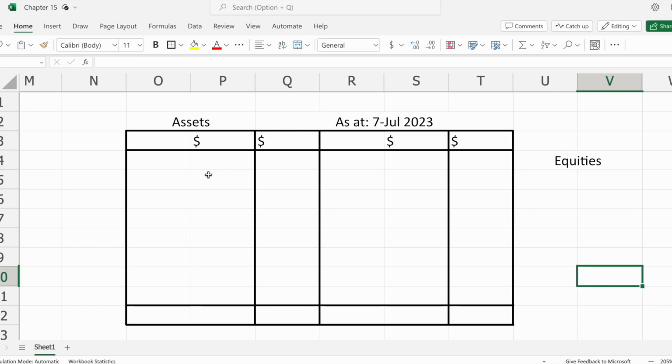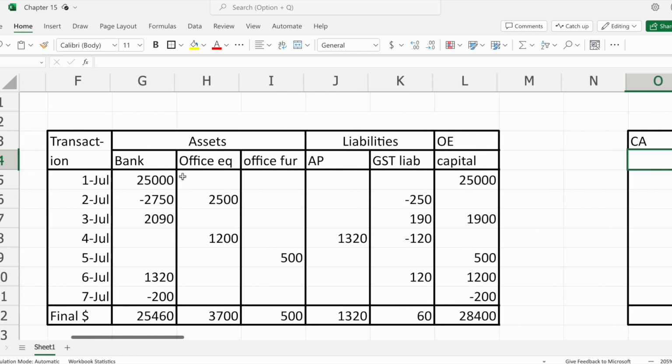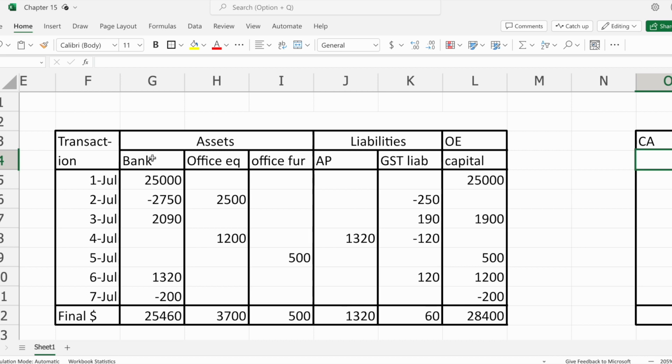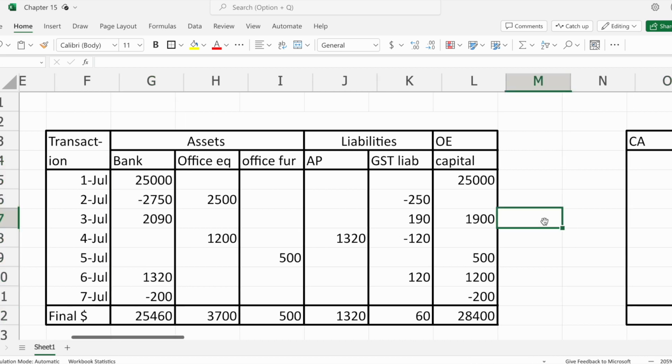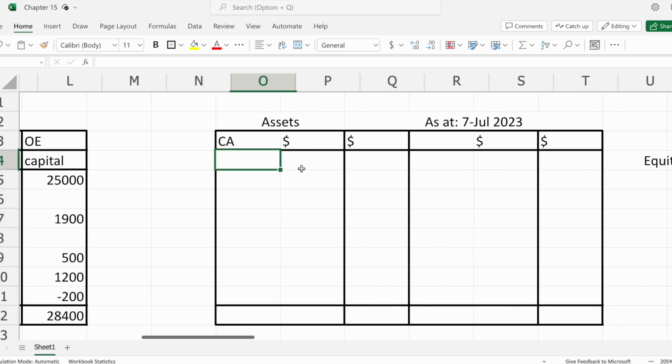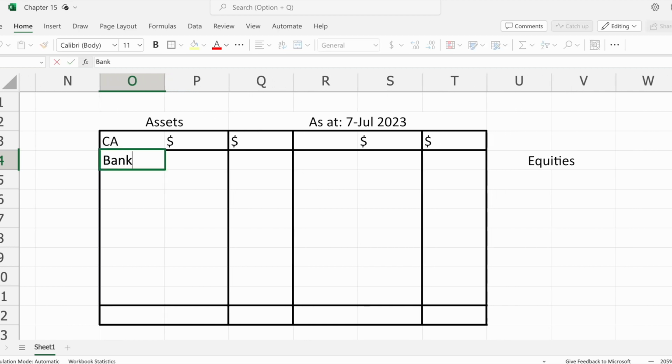Okay, now the left side, as we learned in our previous area of studies, is split up into current assets and non-current assets. So first we have CA. Well, I'll just write CA instead of current assets. So the first effect that we're having is our bank. Our bank is our current asset, which is being affected.